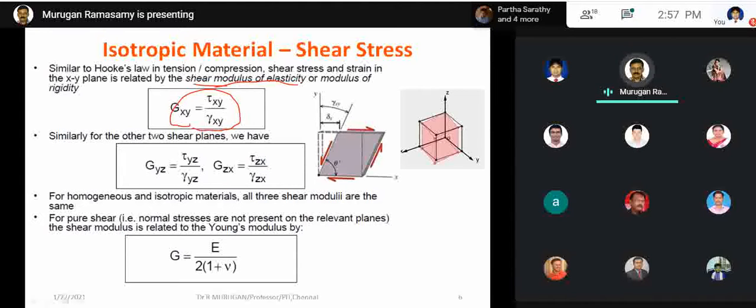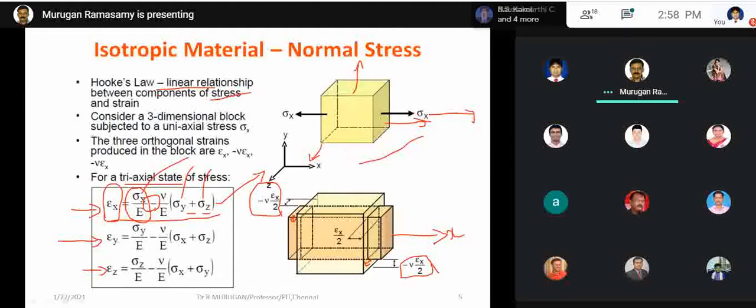So for this we can write 3 shear strain equations, and for any 3-dimensional stress element, there are 3 normal stresses and 3 shear stresses. The normal stresses will act perpendicular to the plane, and shear stress will act tangential to the plane.